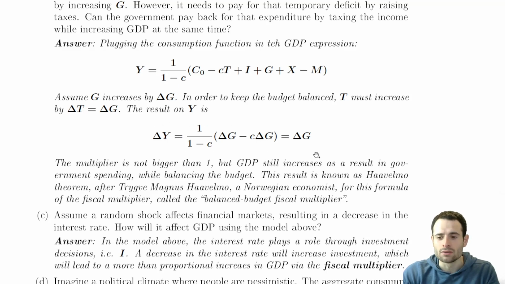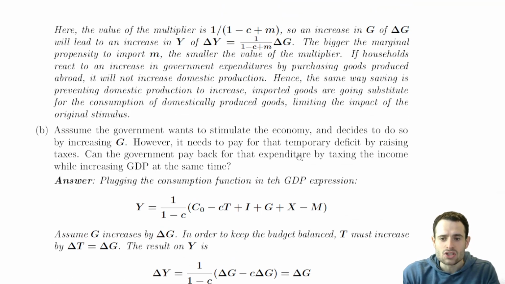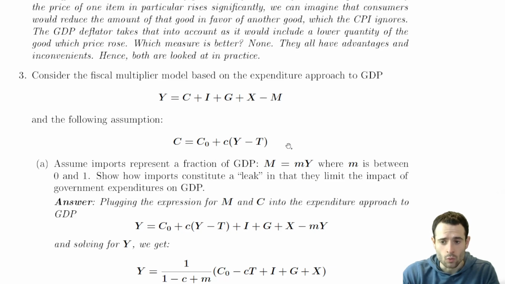Now, you might be wondering, so that looks great. Why don't governments do this? Well, it still relies on this assumption, which might change according to circumstances. If consumers expect the future to be bright, they might actually have a higher little c. They might consume more of their money because they are not worried too much about the future.